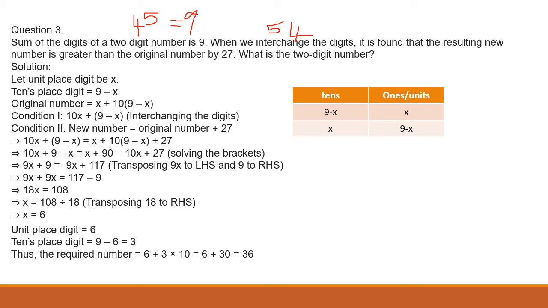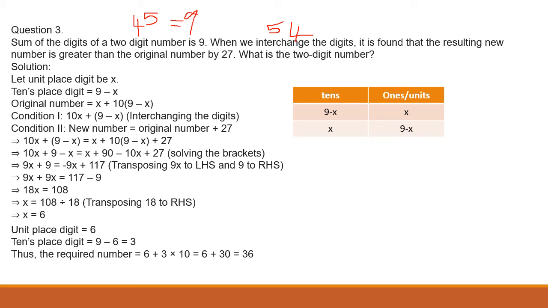I hope you understood the meaning of interchanging the digits. It is found that the resulting new number is greater than the original number by 27. Greater than means it is more than the original number by 27.